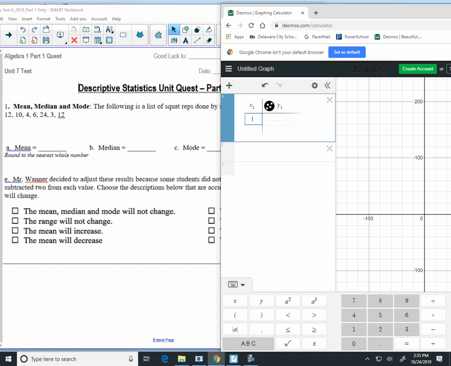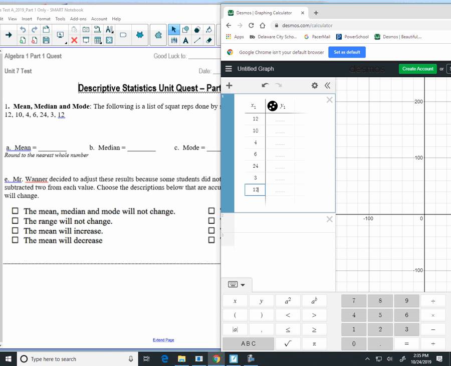We don't have a function in there, we're putting in the values. So 12 is my first one, 10, 6, 24, 3, and 12.